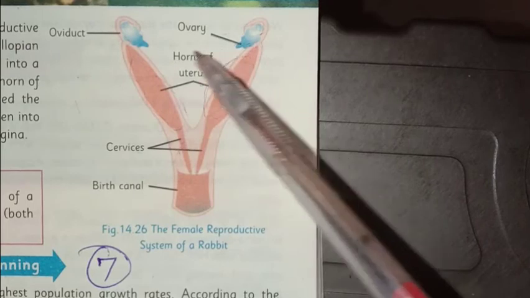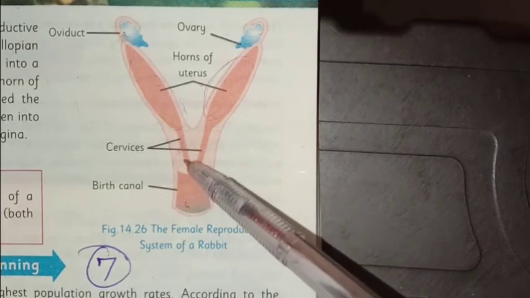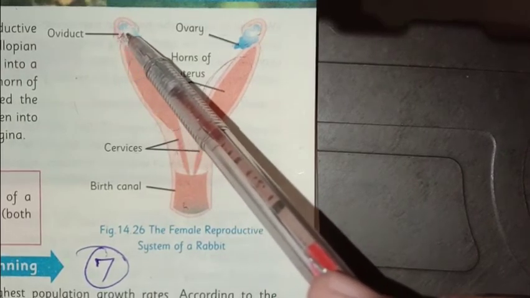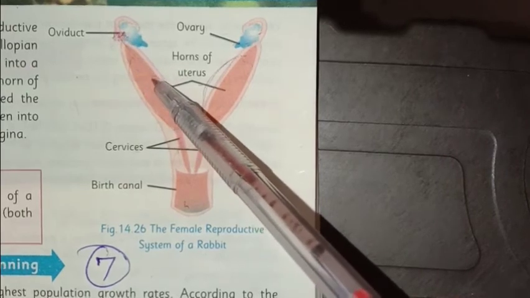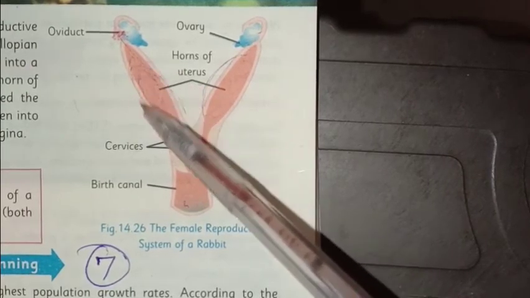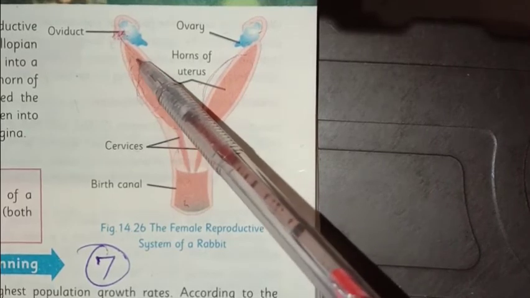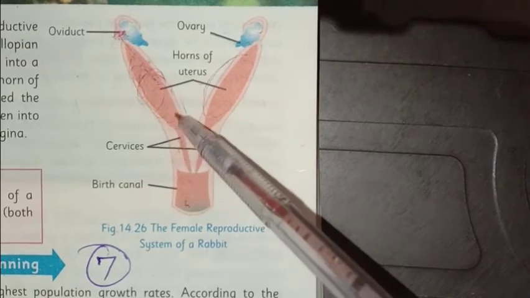Here, the egg is fertilized. The sperm travel through the cervix and finally reach the oviduct. Fertilization takes place here, and the fertilized egg or zygote is carried to the horn or uterus cavity. So the pregnancy period is completed here in the uterus cavity.